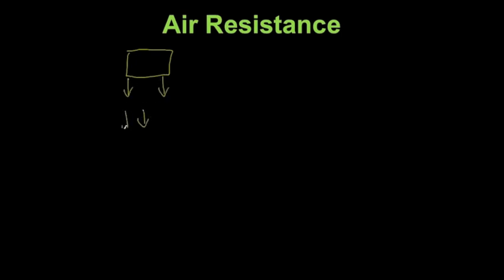It's going to get faster and faster until it's hitting so many molecules per second that the molecules are hitting back rapidly enough to balance out the rate at which it's falling. That's when an object reaches its terminal velocity.